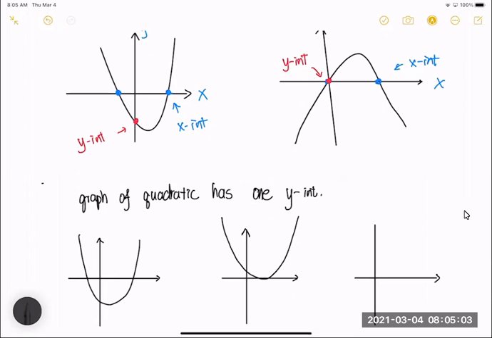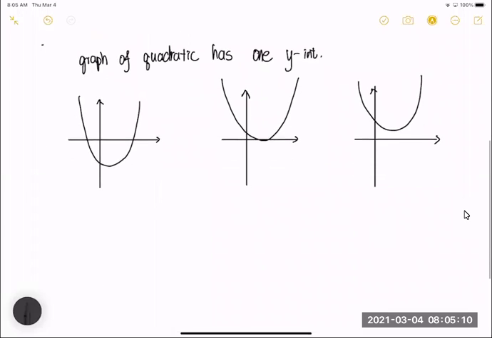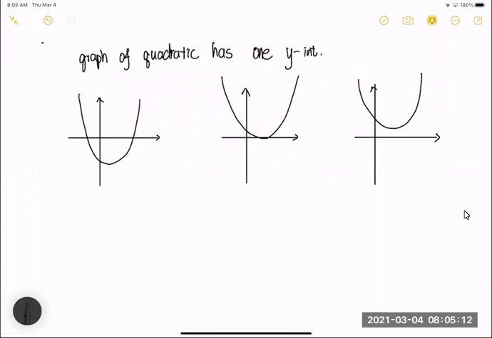So look. This case has two x-intercepts. This one only has one x-intercept, which is on the x-axis. And this one has zero x-intercepts. Okay, so we will discuss that later.